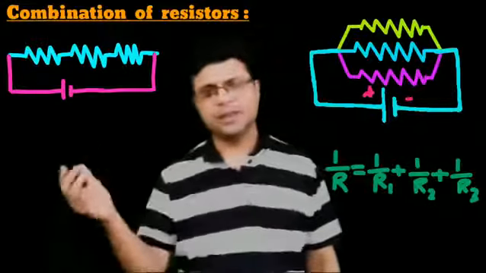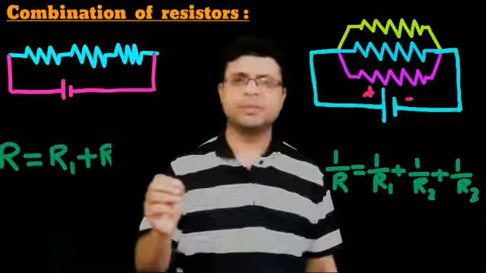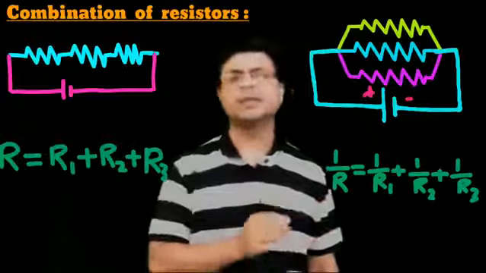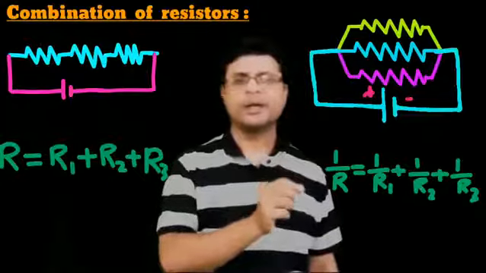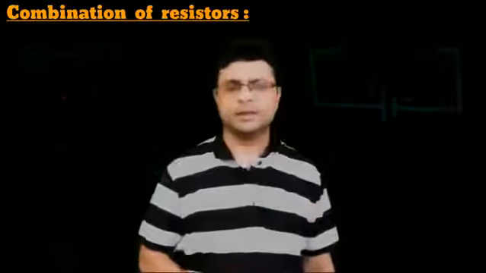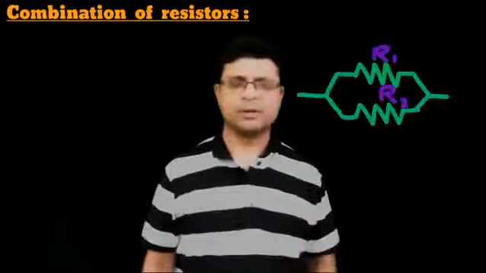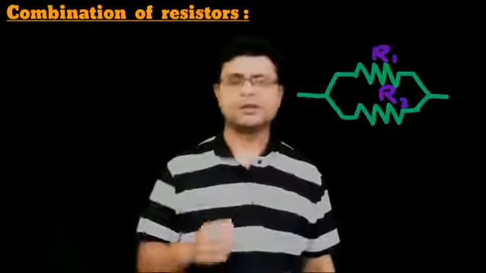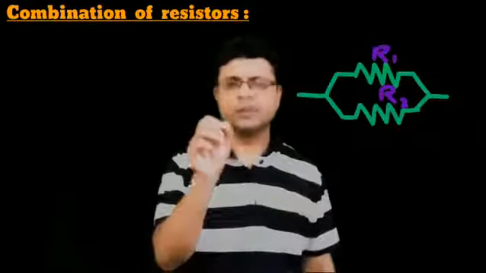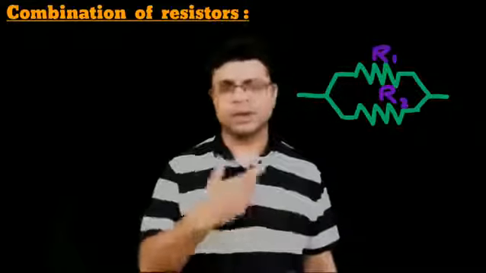Okay, so in series connection, equivalent resistance is R equal to R1 plus R2 plus R3. In parallel connection, it is 1 by R equal to 1 by R1 plus 1 by R2 plus 1 by R3. Okay. Now, if there are two resistors connected in parallel, how will we find the equivalent resistance? You will say, sir, it will be 1 by R equal to 1 by R1 plus 1 by R2. But we can also find it by a shortcut.